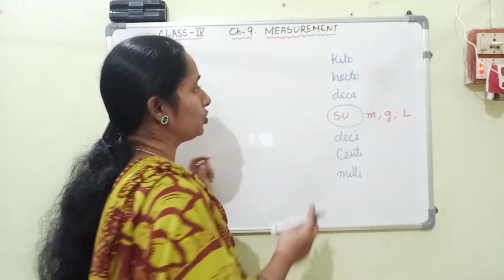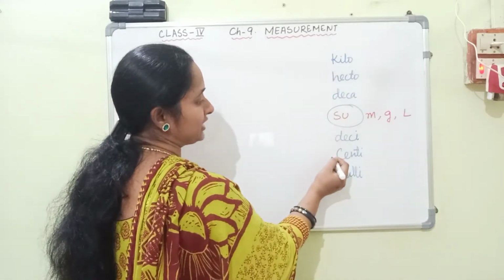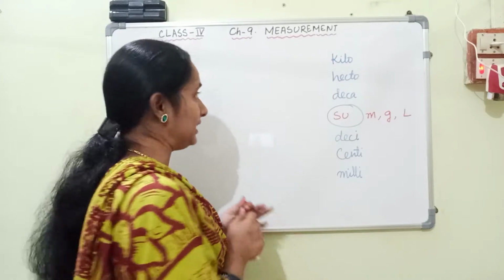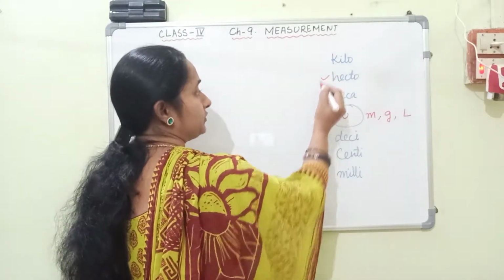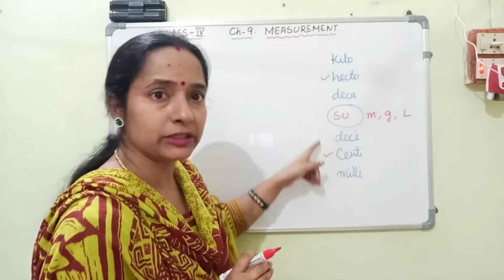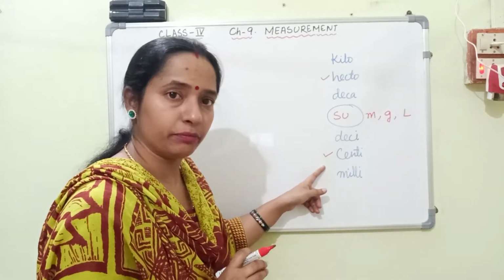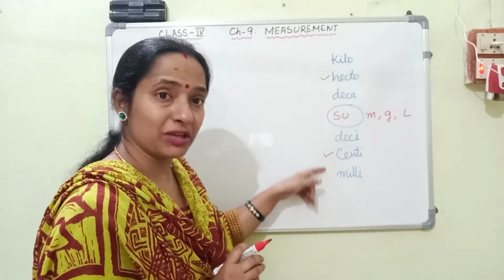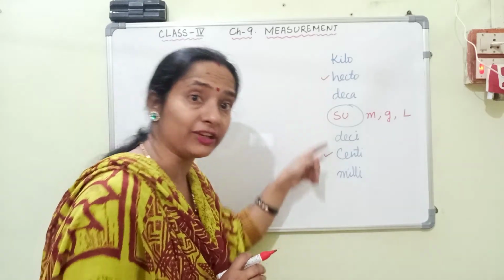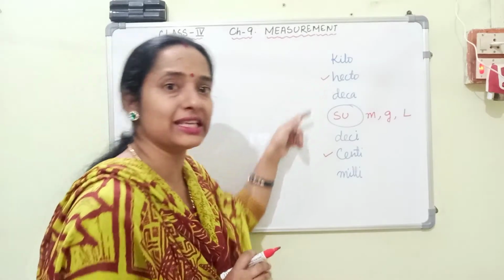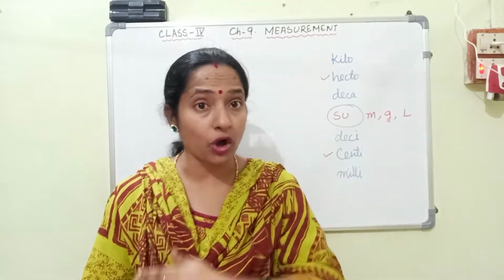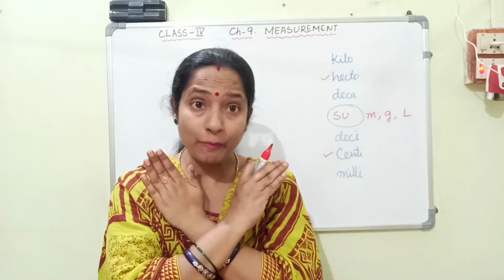Now, if I want to convert from hecto to centi, see the position of hecto and the position of centi. Hecto is at the top and centi is below hecto. This means hecto is a greater unit and centi is a smaller unit. So I am converting hecto to centi. My conversion is greater to smaller. When we come from greater to smaller, we multiply.